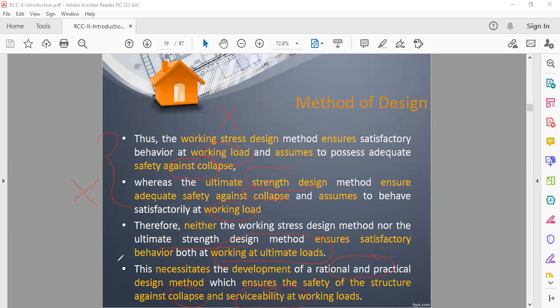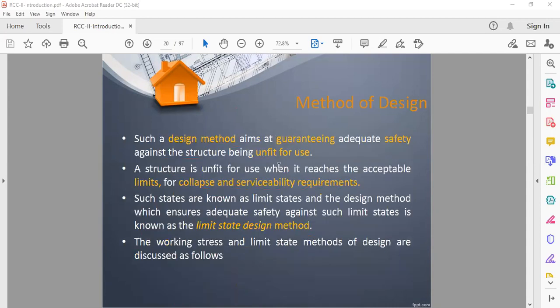So these are the two things when we say that there should be a method apart from the working stress method. As I say, the working stress method and the ultimate strength method are the earlier two. So a particular method is needed which gives the guarantee of adequate safety against the structure being unfit for use.